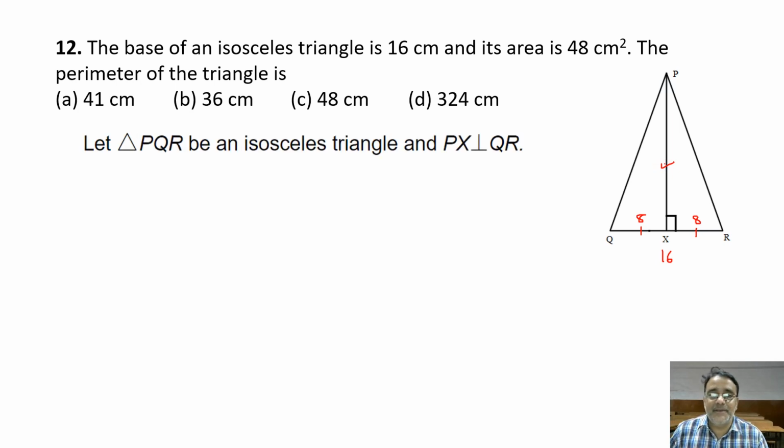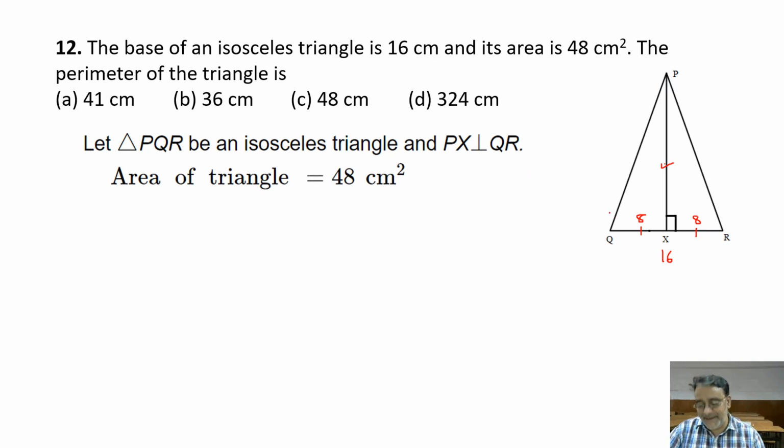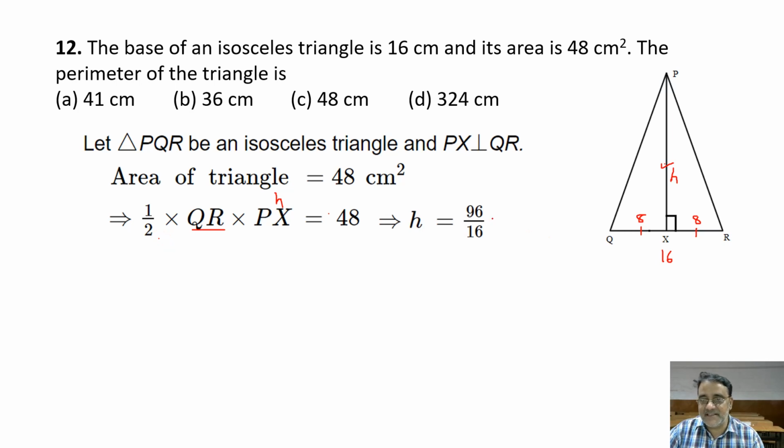So let triangle PQR be an isosceles triangle and PX is perpendicular to QR and area of triangle is given 48 centimeter square, and we know that the area of triangle is half into base into height, so half into QR into PX, and the value of QR is given 16. PX we are taking as h, so h will be 48 into 2, that is 96 upon 16, and we will get 6 centimeter.